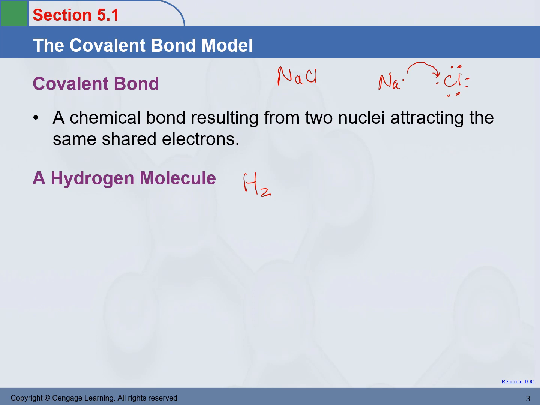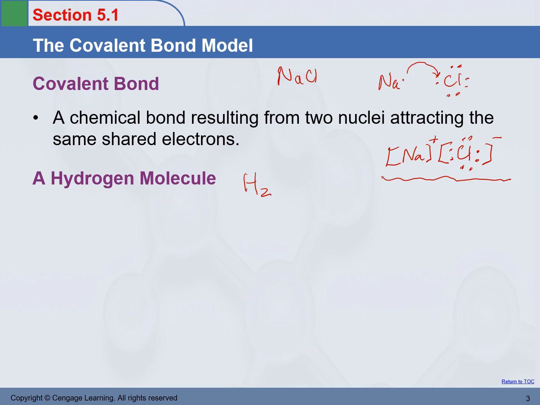Metals are losers. Sodium loses one electron. The next electron shell, shell number 2, becomes the outermost shell, which has 8. So sodium becomes positively charged but satisfies the octet rule. Chlorine, the outermost shell, now has 8 electrons. It carries a negative charge. Positive and negative attract each other, and an ionic bond is formed. This is the Lewis structure of sodium chloride.